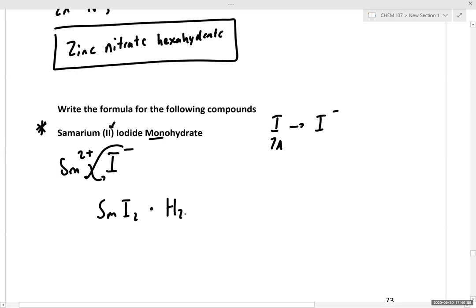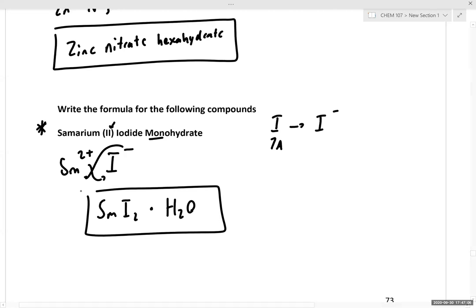So we have 1 water molecule, and this is the complete formula for samarium iodide. So we don't have to put the parentheses for the I. No, you don't. Does that make sense? Is everyone comfortable with this example?